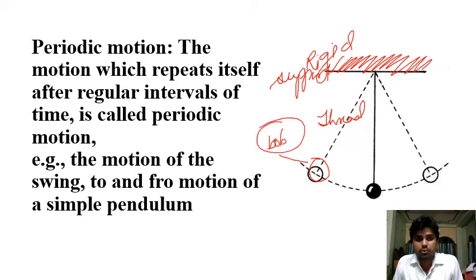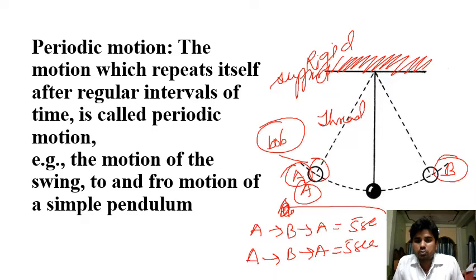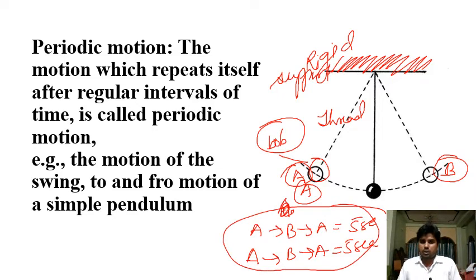Now see why it is known as periodic motion, students, because when the bob goes from A to B and back to A, every time it takes an equal interval of time. So if it takes 5 seconds, then every time whenever it is coming from A to B and back to A, it will take 5 seconds. So such motion is known as periodic motion.